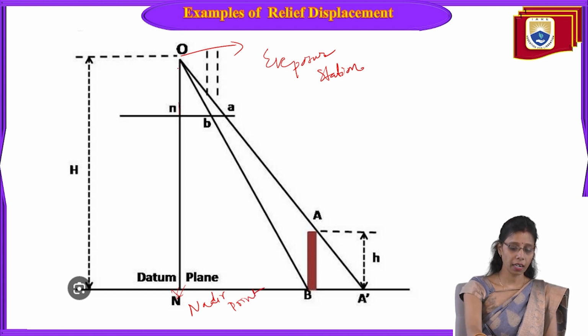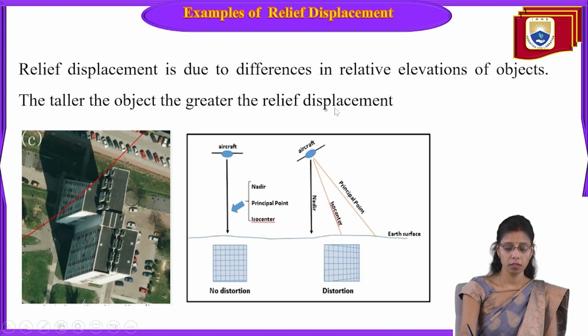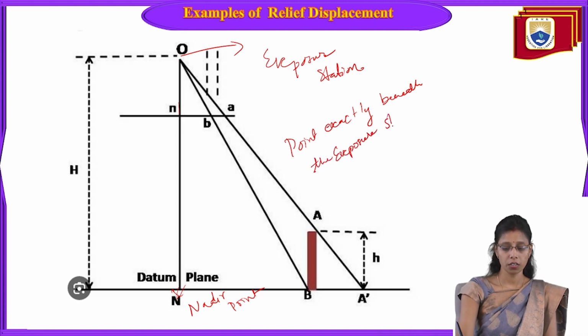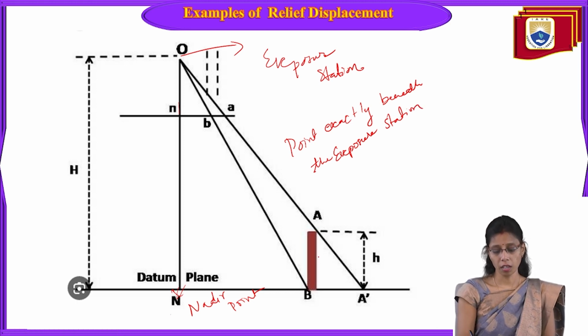The point exactly beneath the exposure station. Okay, so this is your nadir point, this is your datum plane, this is your exposure station.